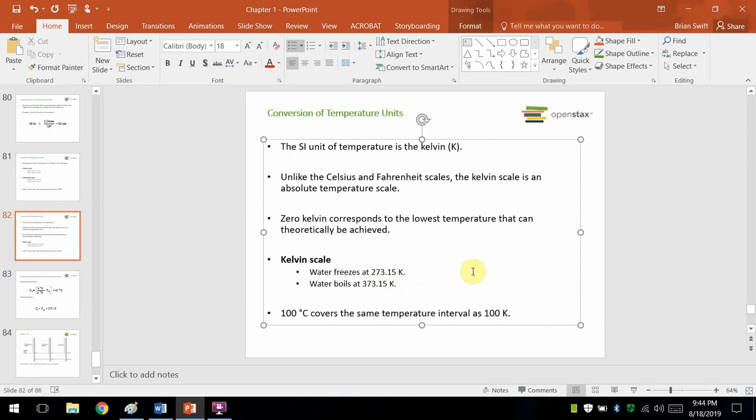This is the same as 0 degrees, I'm not going to get the superscript here, C. And water boils at this temperature, which is the same as 100 degrees C.